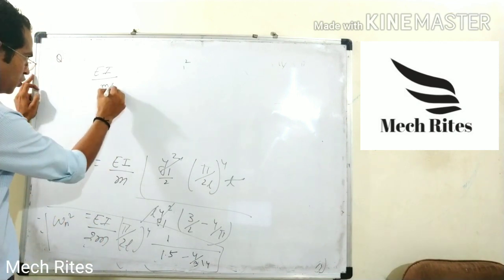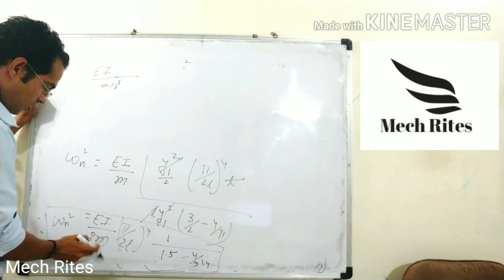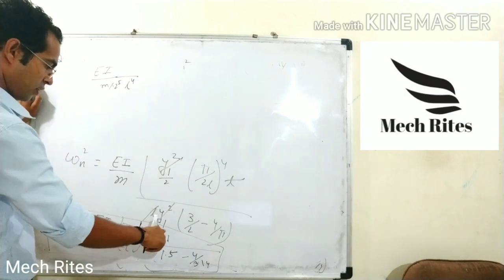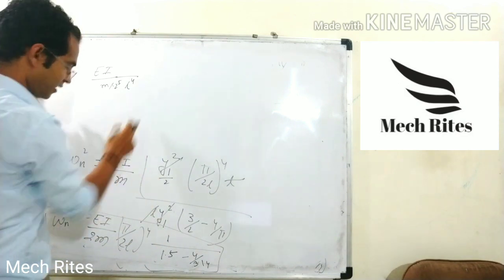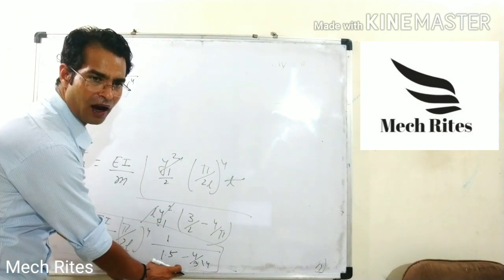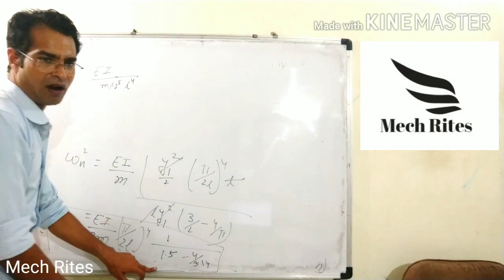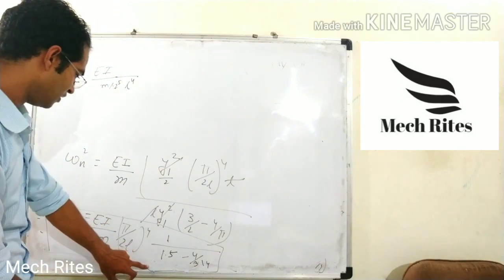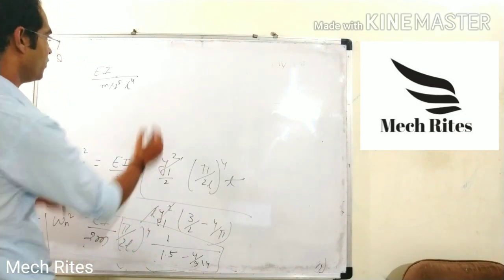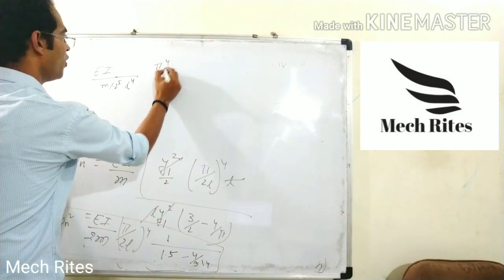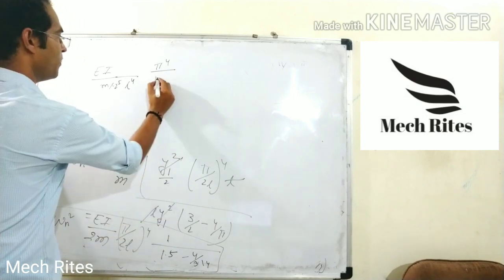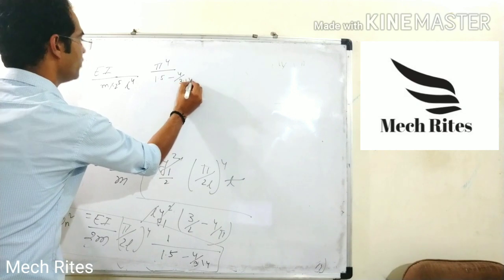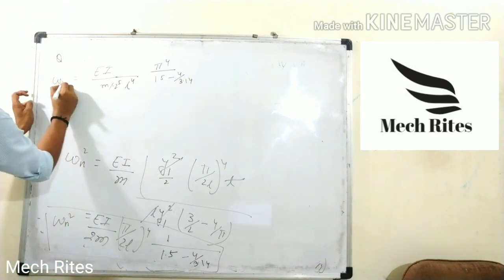In the upper side we may write its value will be 13.4. If you solve the problem, you will see that its value will be 13.4, that is pi to the power 4 divided by 1.5 minus 4 by 3.14, omega n square.